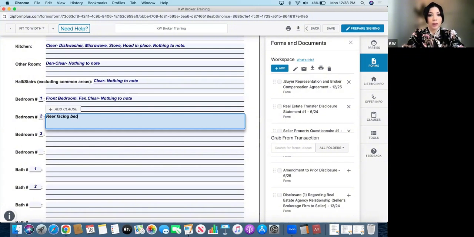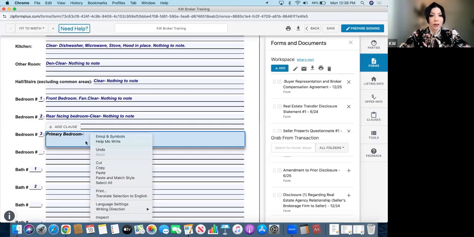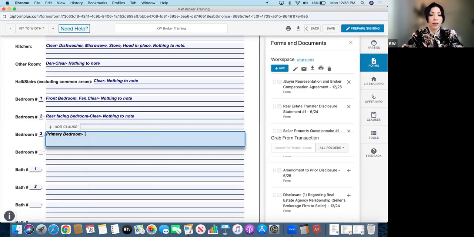Facing bedroom. Okay. And let's see. File. Let's see. White. So you can add things in here.